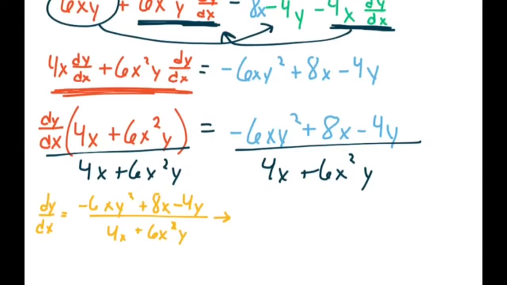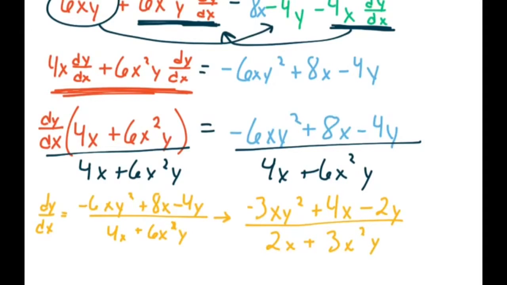So when you simplify it, you'll divide the top and the bottom by 2, like each term. So you would actually get negative 3xy squared plus 4x minus 2y over 2x plus 3x squared y.